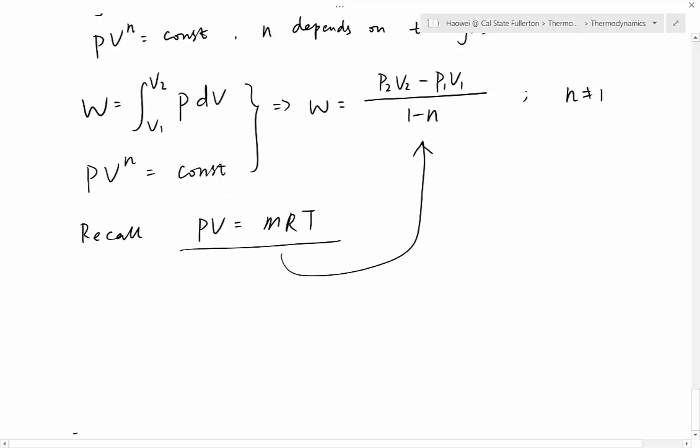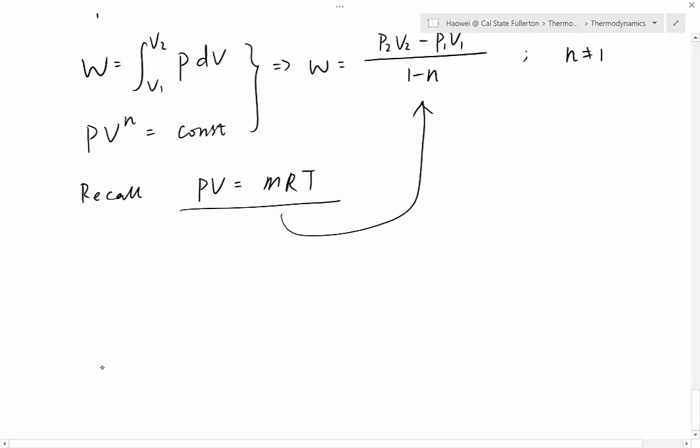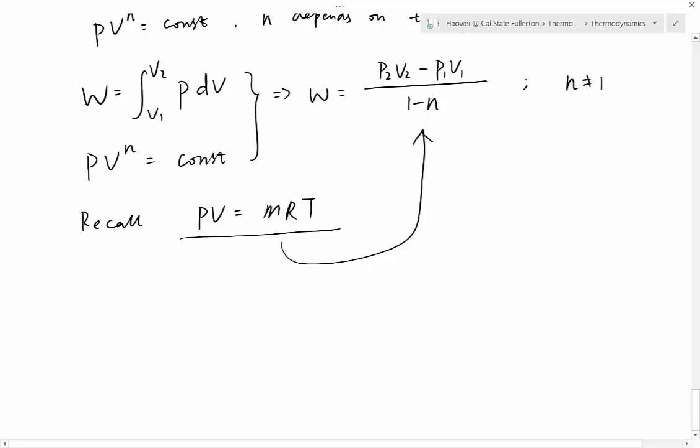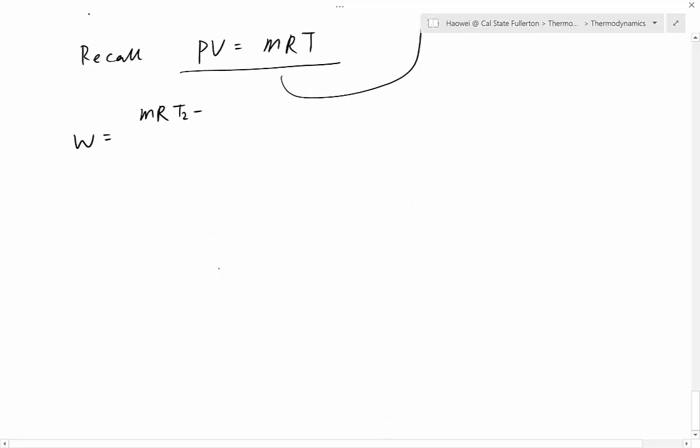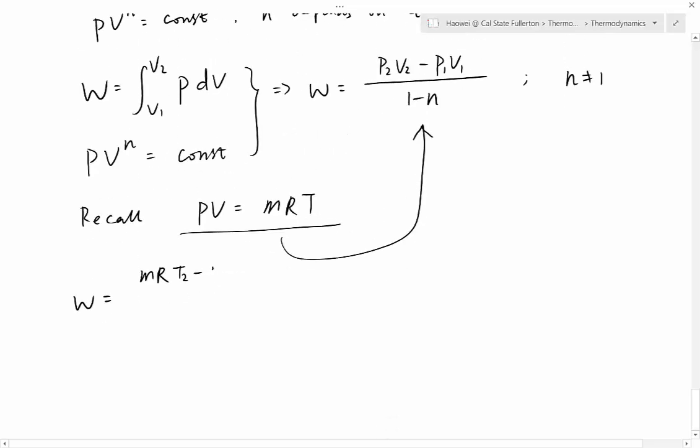So this equation will become W equal to, okay, so first one P2V2, it can be rewritten as mRT2, minus the second one P1V1, which can be rewritten as mRT1, and then divided by the denominator, which is 1 minus n.